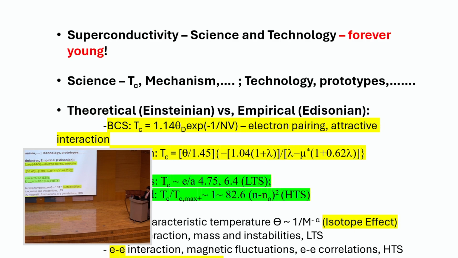We know electrons repel each other from an energy point of view, and they are fermions, so they cannot condense into a lowest energy state. So you try to get them into a boson state. How do you do it? You form pairs. Once you form a pair, it's a boson, so it can condense into a lower energy state, and therefore you get into the superconducting state.